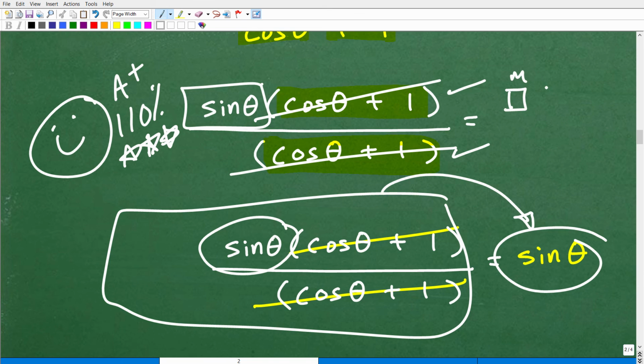You have the mild hot sauce, then you have the super crazy hot sauce, and then you have that average hot sauce. I would say this problem would be in the middle, because there are definitely much more challenging trigonometric identity problems and a lot easier ones as well. But this was a good one for me to talk about some of the techniques and practices that you need to be focusing on to do these problems right.